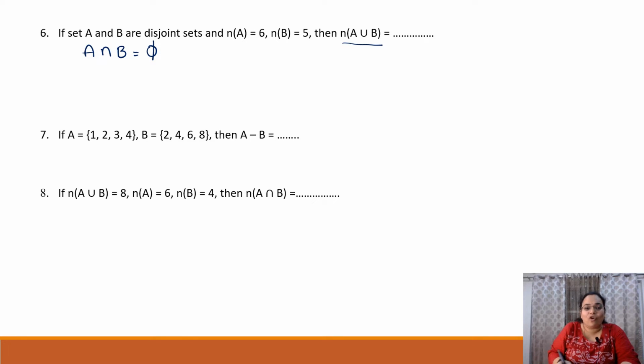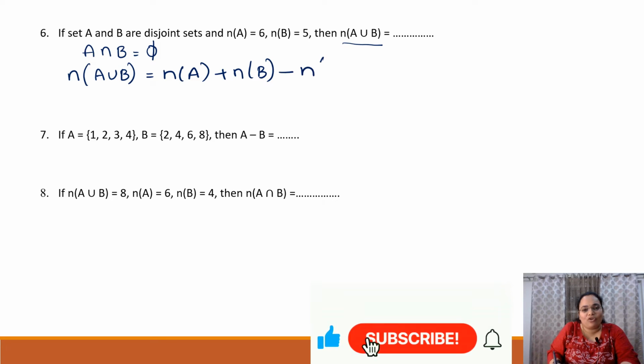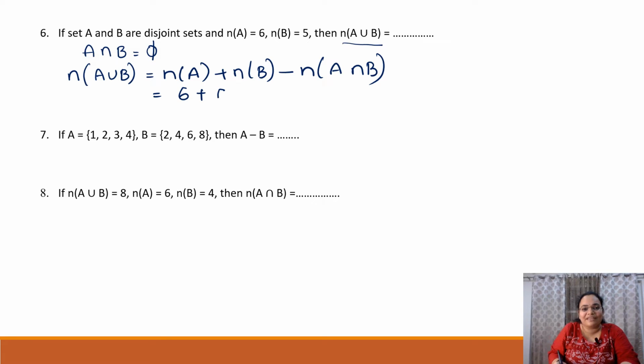We know the formula from the fundamental theorem on sets, that is n of A union B is equal to n of A plus n of B minus n of A intersection B. This is your null set. So what is n of A? That is 6 and n of B is 5. This is anyway your null set, we will not consider it. So 6 plus 5 is 11. So the answer will be 11.